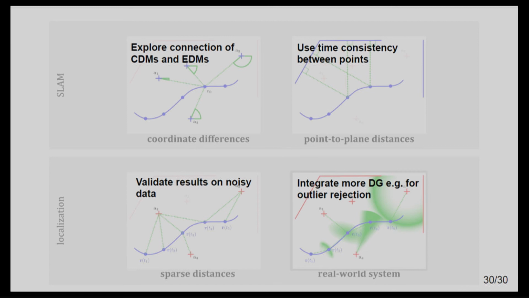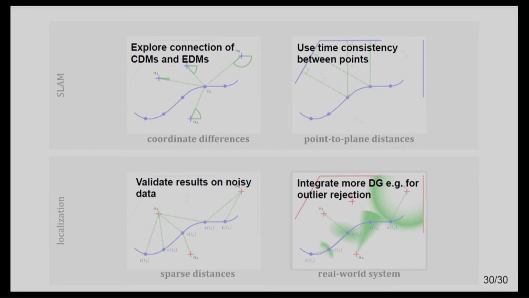These coordinate difference matrices, we're quite interested in how they relate to EDMs, and whether a lot of the theory that we have for EDMs applies to CDMs and so on. Then in the PPDM case, we're currently not using any time consistency between points, so it could be interesting to impose some trajectory smoothness there too.